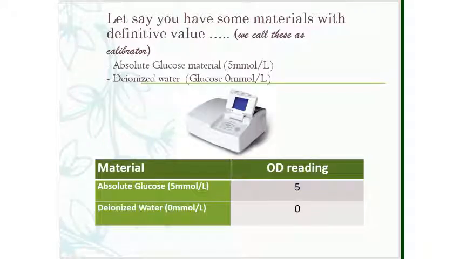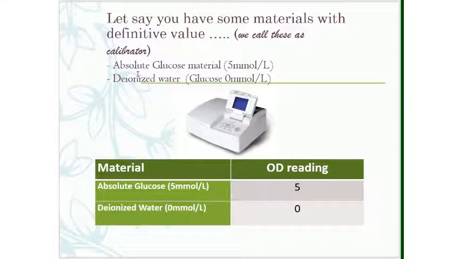So let's say you have some materials with definitive value. We call these calibrators, which is we have absolute glucose material with the concentration of 5 millimole per liter and deionized water. Of course, deionized water doesn't have any glucose, right? So the concentration is 0 millimole per liter.